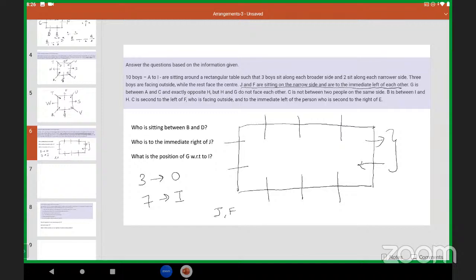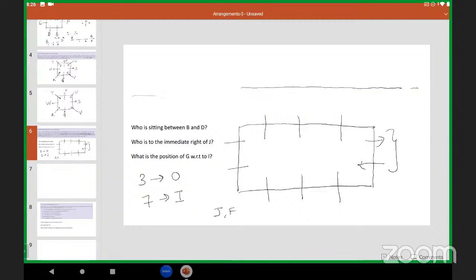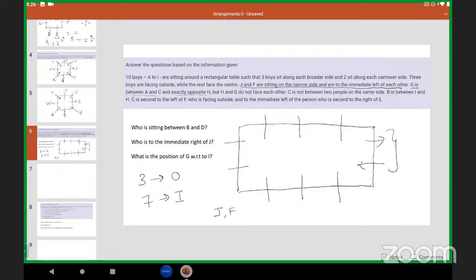Okay, so what is given, G is between A and C and is exactly opposite H. So G is exactly between A and C, which means A, G, C has to be on the broader side.